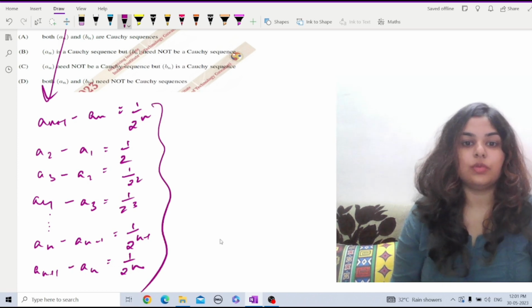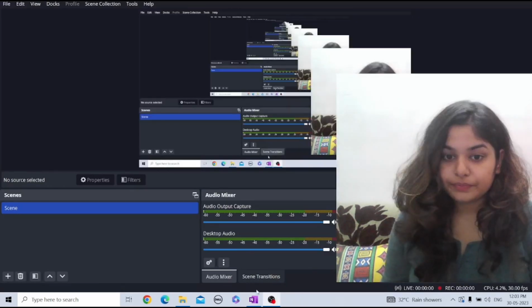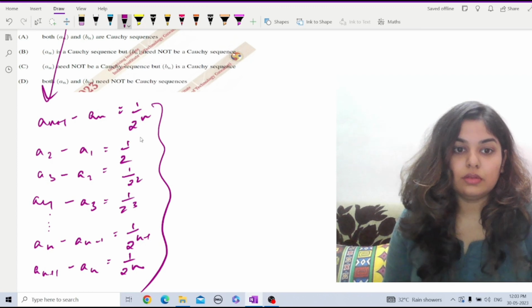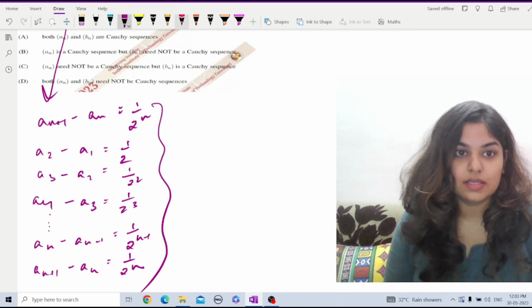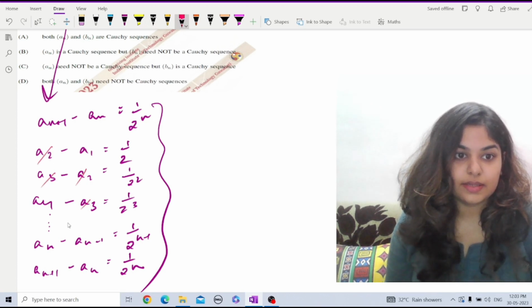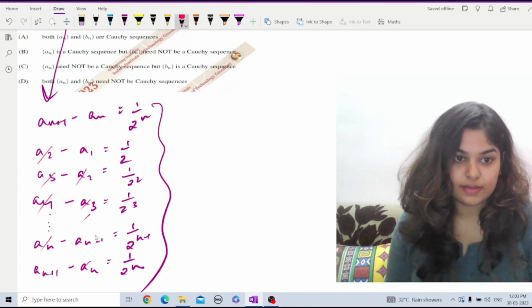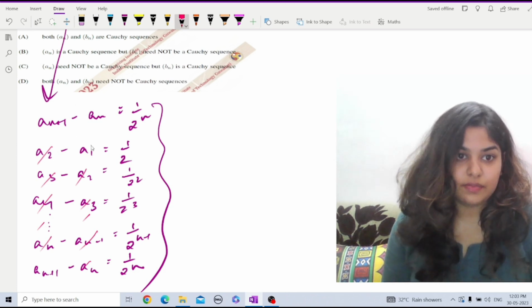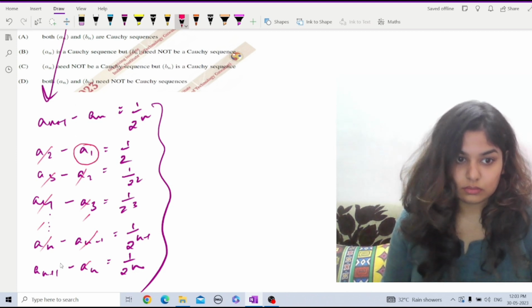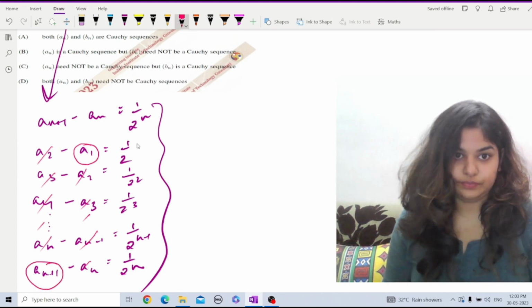And then if we add these in order to form the series, we can easily see that A2 gets cancelled, A3 gets cancelled, and so on, A4, AN all get cancelled. Only the first one and the last one are left, right?